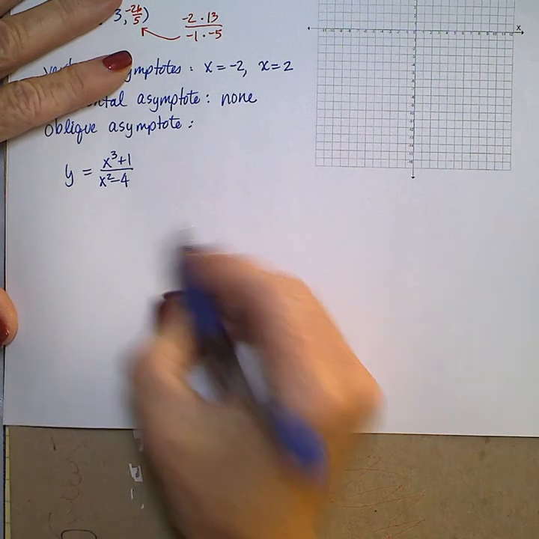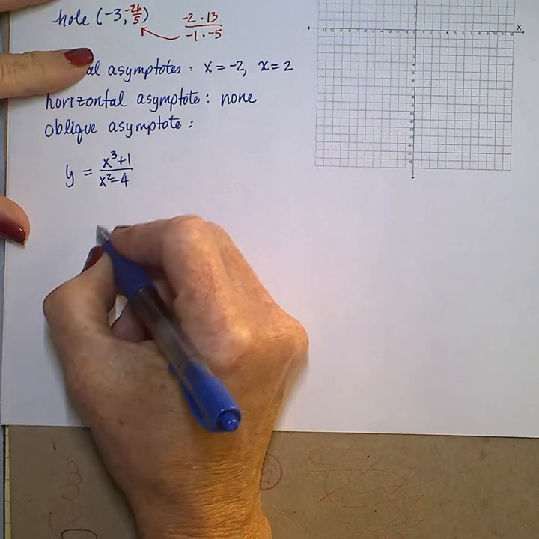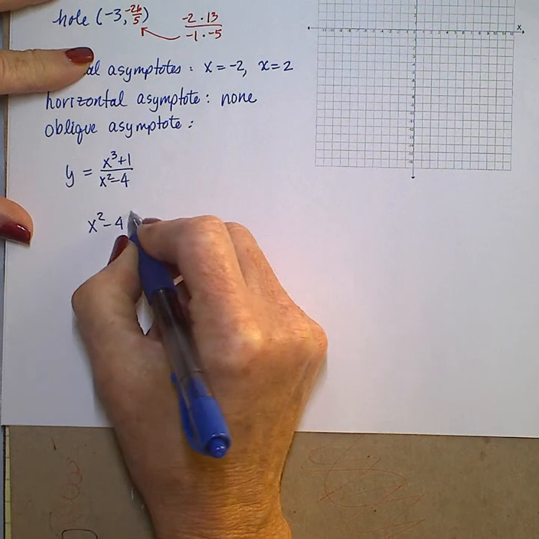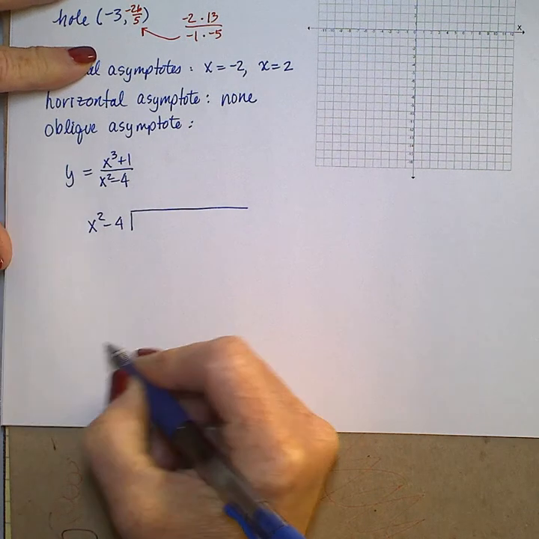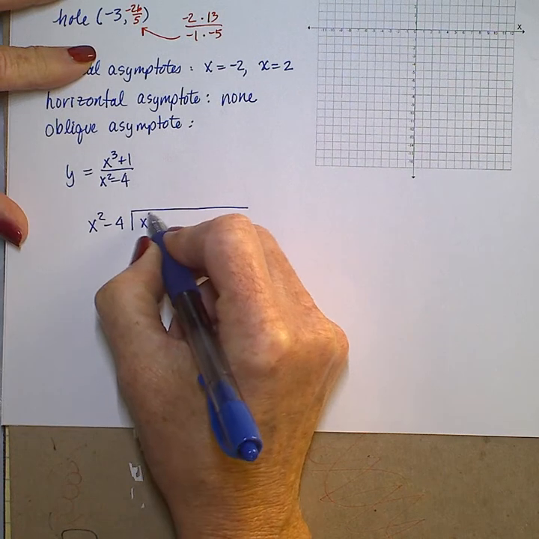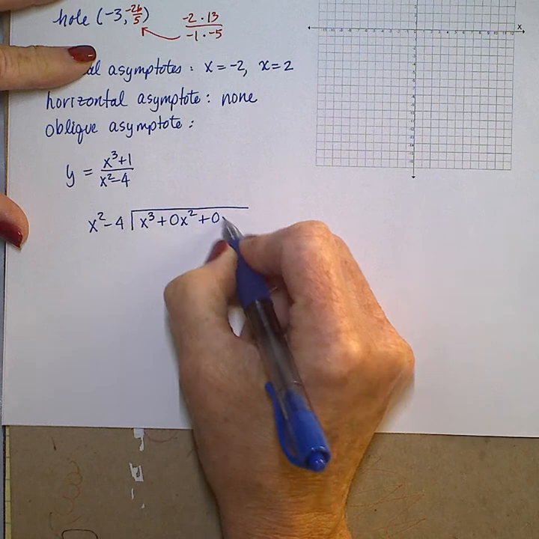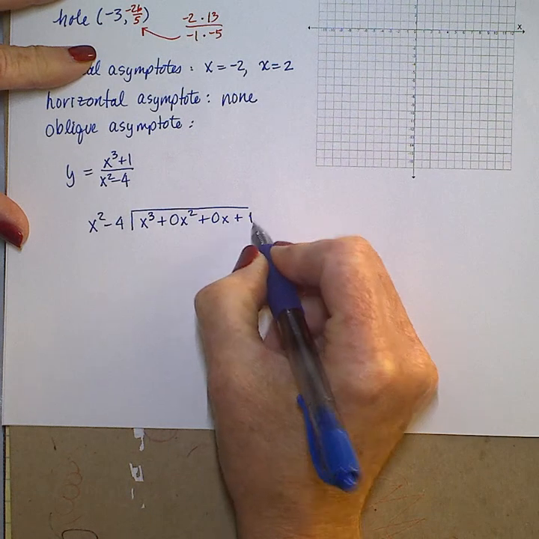All right, let's set up this long division. X squared minus 4 into x cubed, don't forget your placeholders, 0x squared, 0x plus a 1.